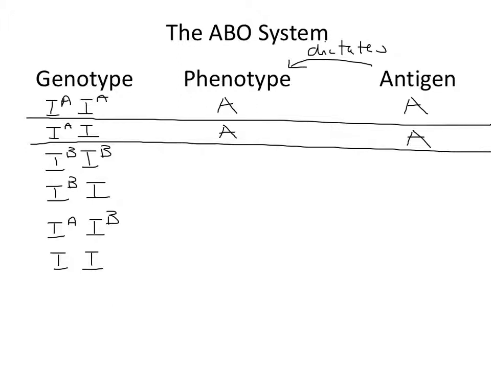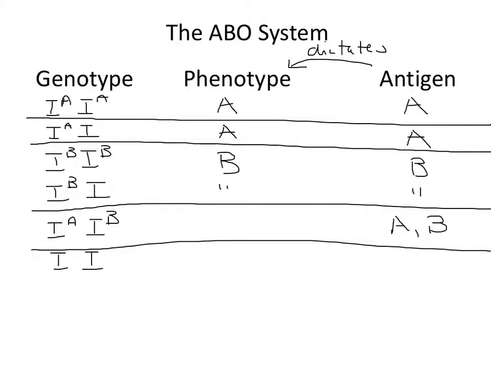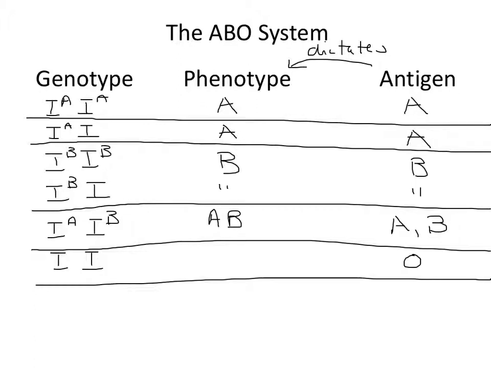If you're IB IB or IB i, you make the B-type antigen, and your phenotype is therefore B. If you are IA IB, you make both A and B antigens, and your phenotype or your blood typing is type AB. If you are just ii, then you make neither antigen, and your phenotype is considered type O.